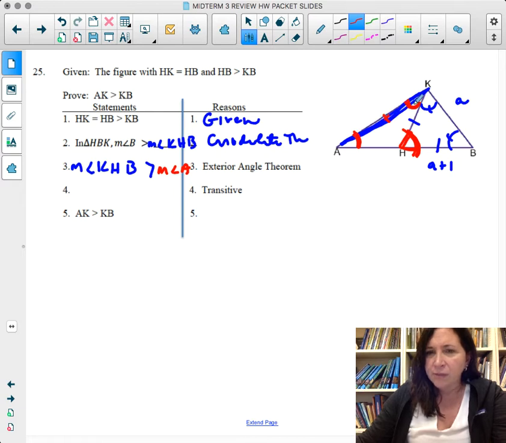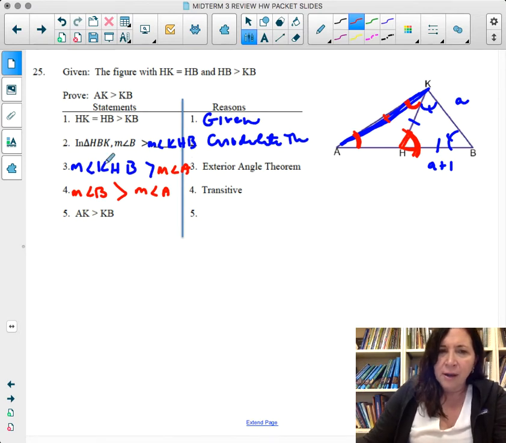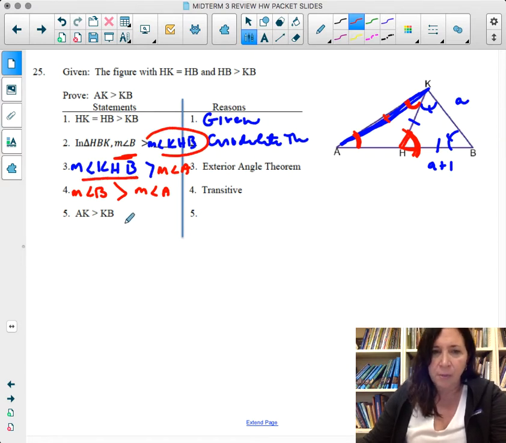So if this plus this is equal to that, then just one of these has to be greater than that. You also know that the measure of angle B has to be greater than the measure of angle A, meaning this angle here has to be greater than angle A because of the transitive property. If KHB is greater than angle A, angle B must be greater than angle A because angle B is greater than KHB, which is the angle right here. So that's just the transitive property.